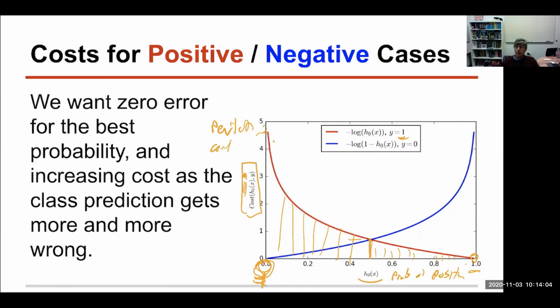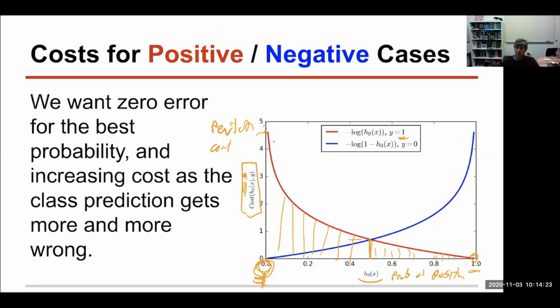Does everybody kind of see that? Or at least this is a plausible kind of penalty function that we would pay. Can anybody come up with another plausible penalty function as a function of guessing positive?